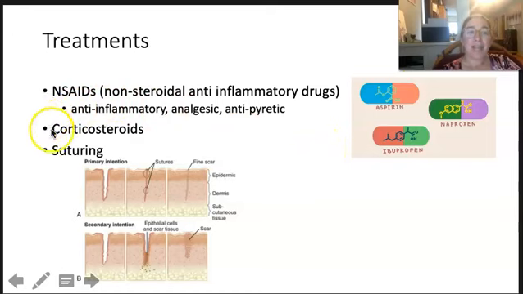If you need a higher level of anti-inflammatory treatment, you can take corticosteroids. Corticosteroids are derived from natural steroids that are made by the cortex of the kidney, the renal cortex. Your body makes a bunch of anti-inflammatory molecules. We talked about the balance between pro-inflammatory and anti-inflammatory.